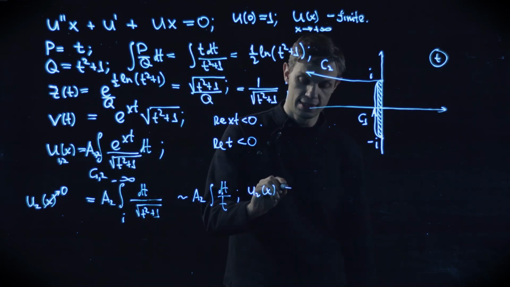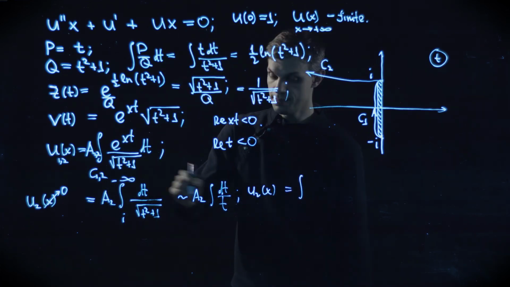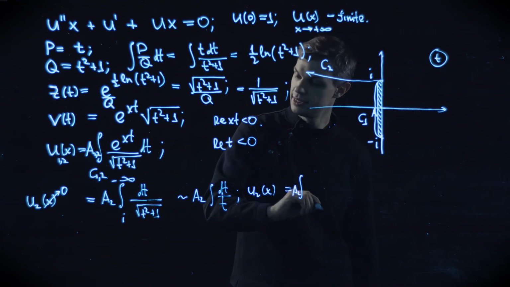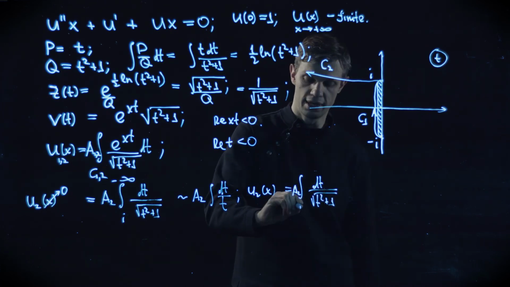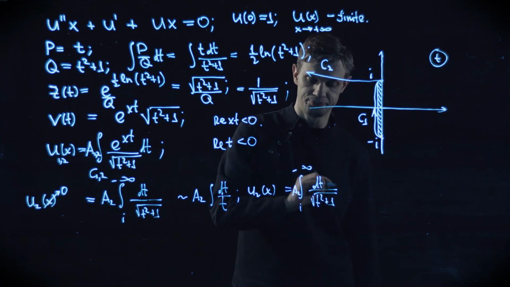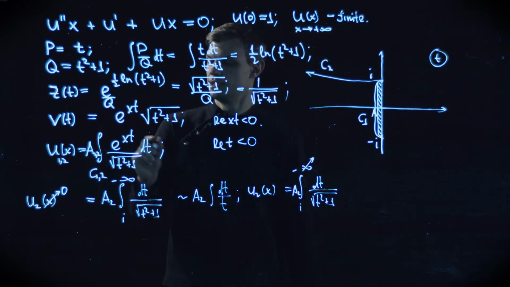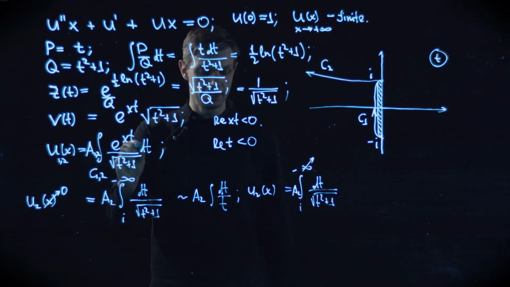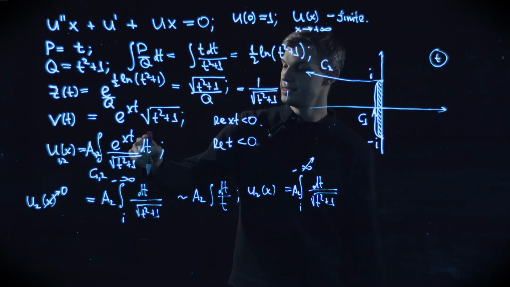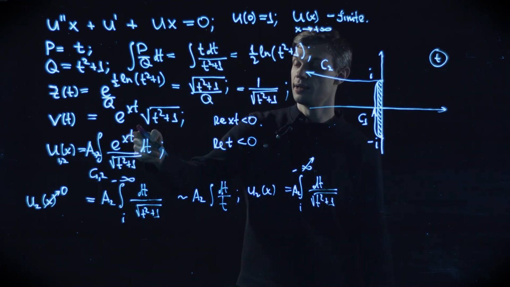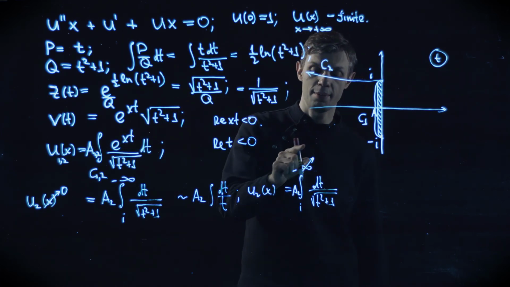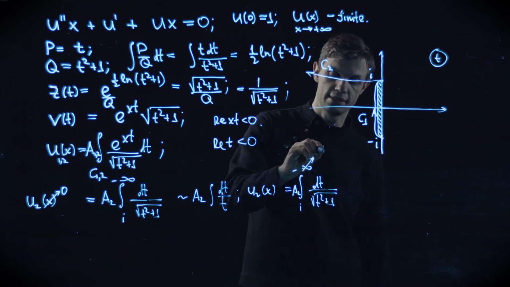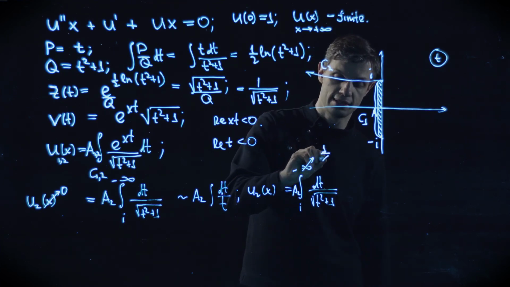So u of x is equal to the same integral, a2 times dt over square root of t squared plus 1 from i to minus infinity. The change of this exponential to 1 is only true for t much smaller than 1 over x, so the upper limit of this integral is of the order of 1 over x.